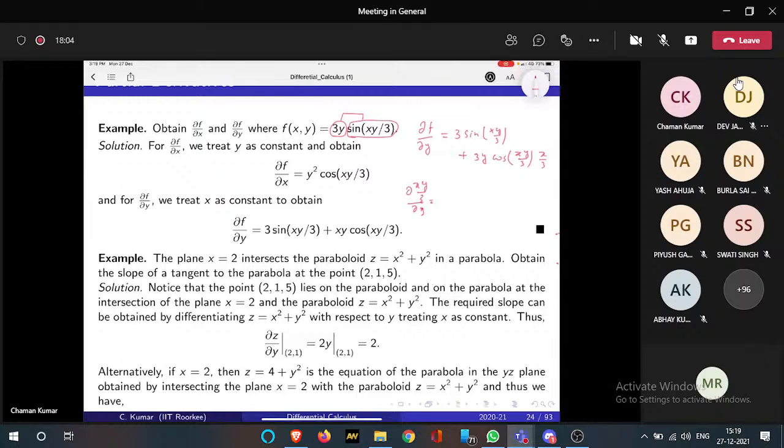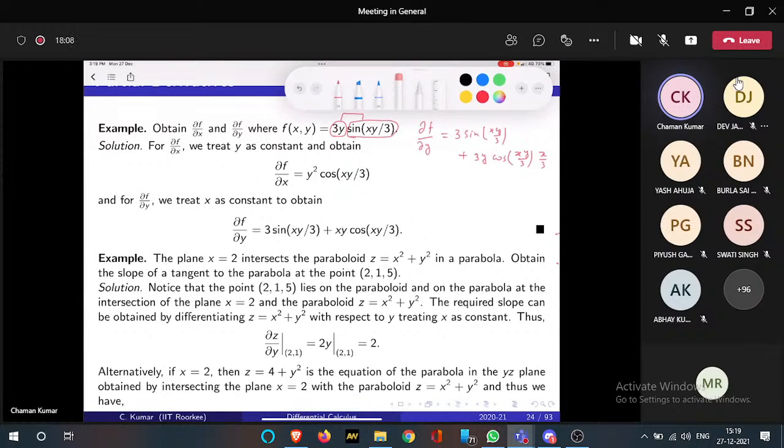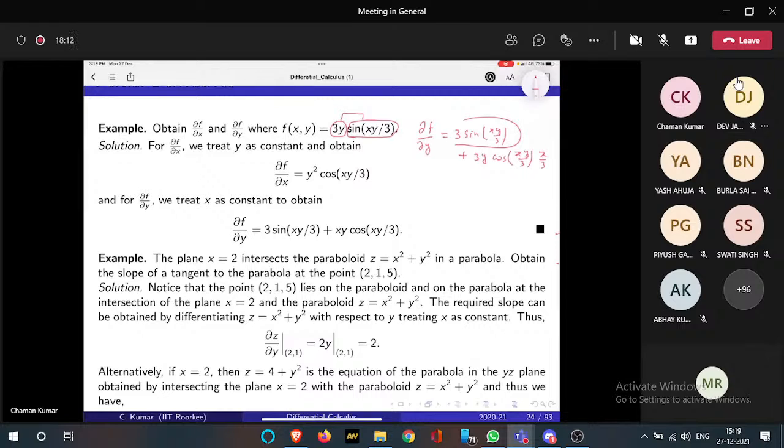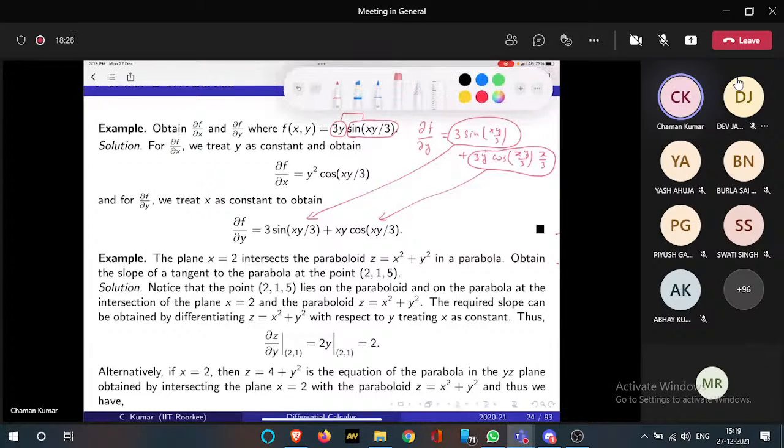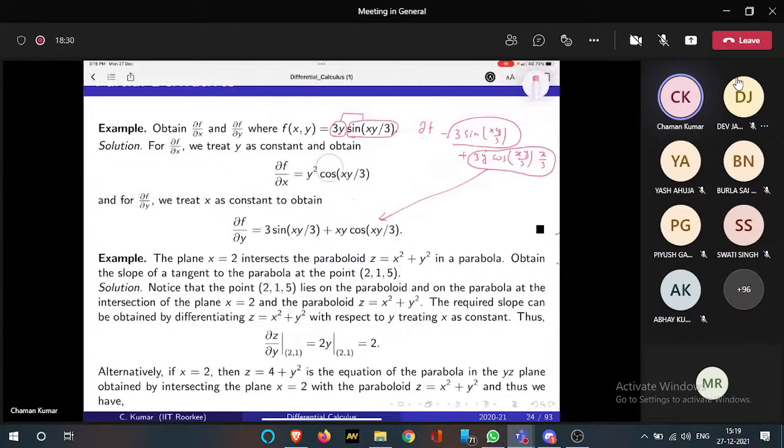Okay, so you get 3 into sine xy by 3, and from here the second term, the 3 cancels out, so you get xy into cos xy by 3. Okay, so this is how you calculate these partial derivatives.